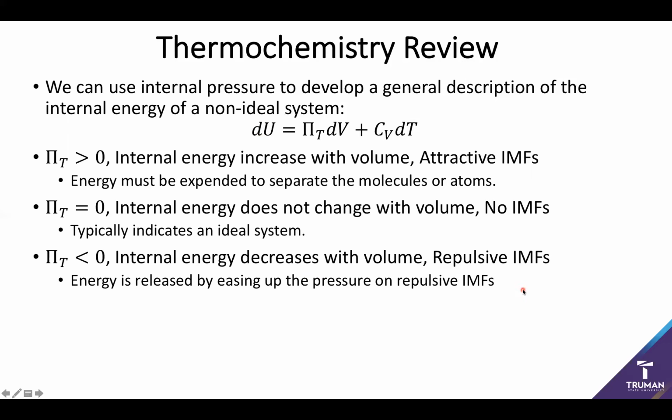And we can go ahead and try and make a relation to a van der Waals gas. However, this proof does require some use of entropy, which we haven't gotten to so far. So for now, just take my word that the internal pressure of a van der Waals gas is going to be related to the A factor, which, if you may remember, is the strength of IMFs for a non-ideal gas.